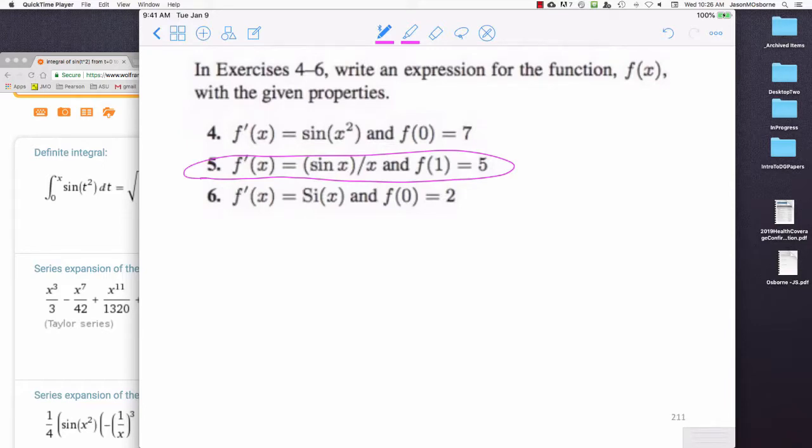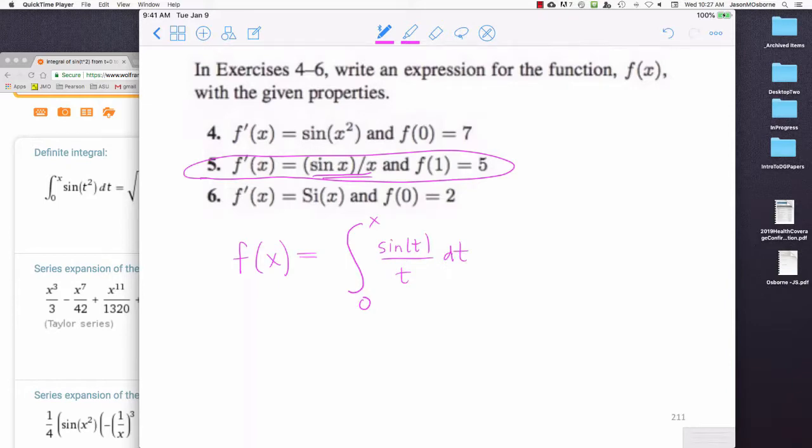Okay, so let's take a look here. F of x. What function can you take the derivative of to get sine of x over x? Well, the easiest way to do that is to do an integral. How about the integral from 0 to x of sine of t divided by t dt?